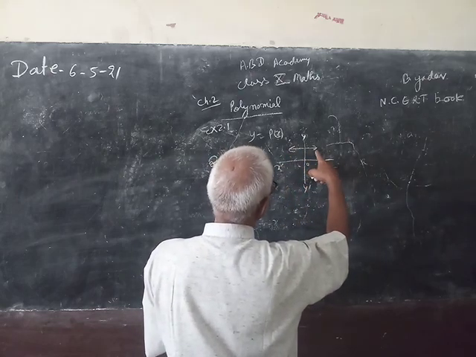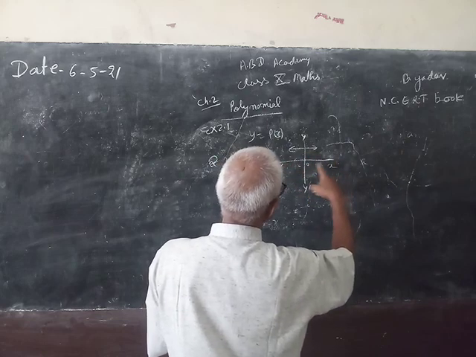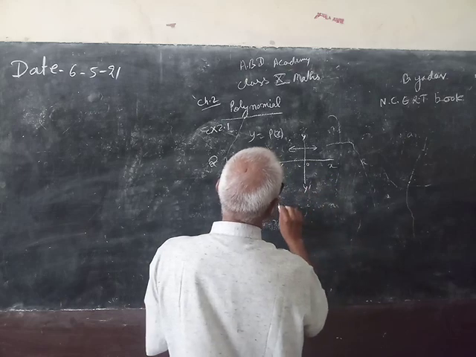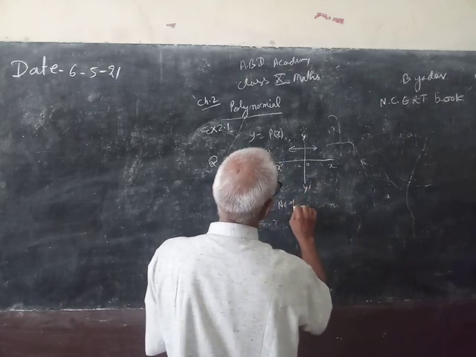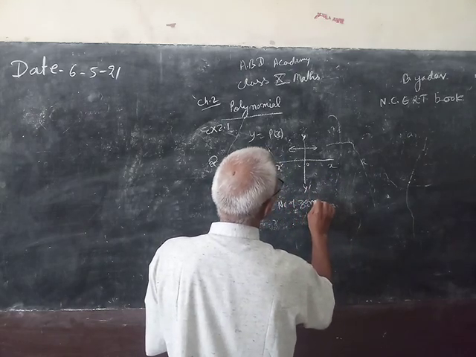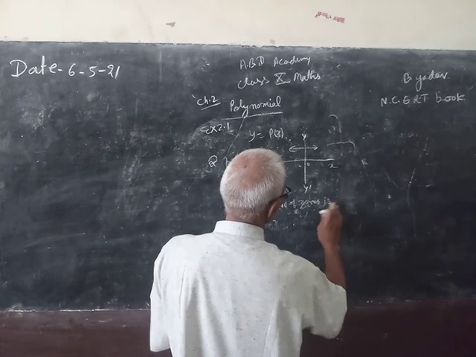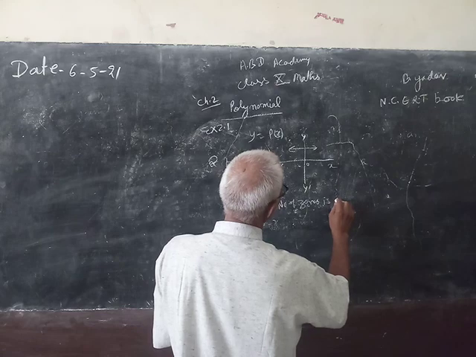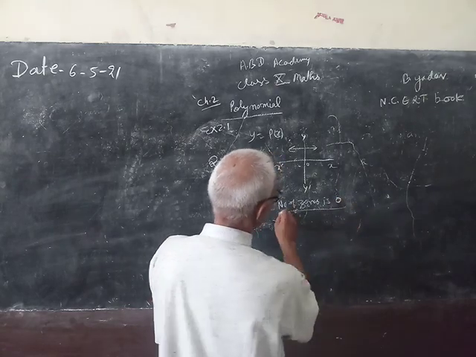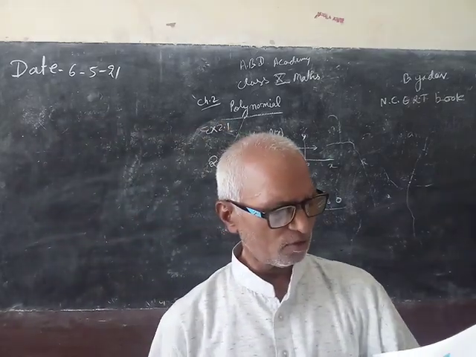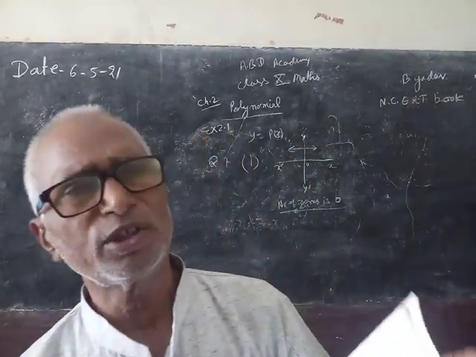The line is parallel to the x-axis and does not cut the x-axis, therefore the number of zeros is 0. Zeros is 0 means there is no value of x for which the value of y in this expression will be 0.